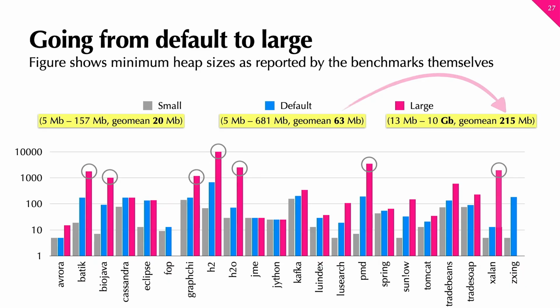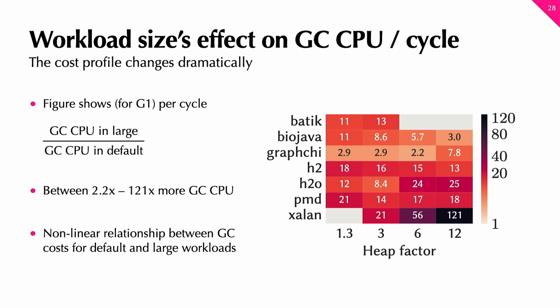Okay, so we're now going to look at these 7 benchmarks and compare the results obtained in default with the results obtained in large, right? But before we do that, let's look a little bit at the effect of the CPU cost of a GC cycle in relation with the large and default workloads, right?